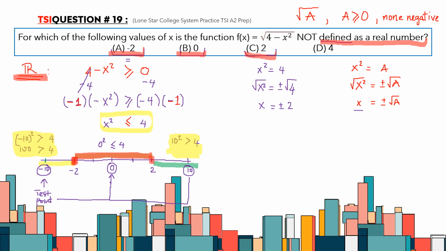Because 4 is right here, in the not defined region, D will be the right answer.